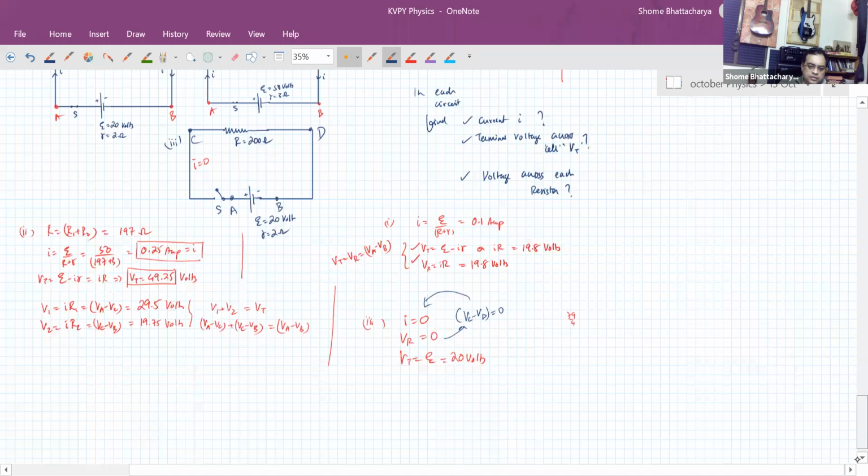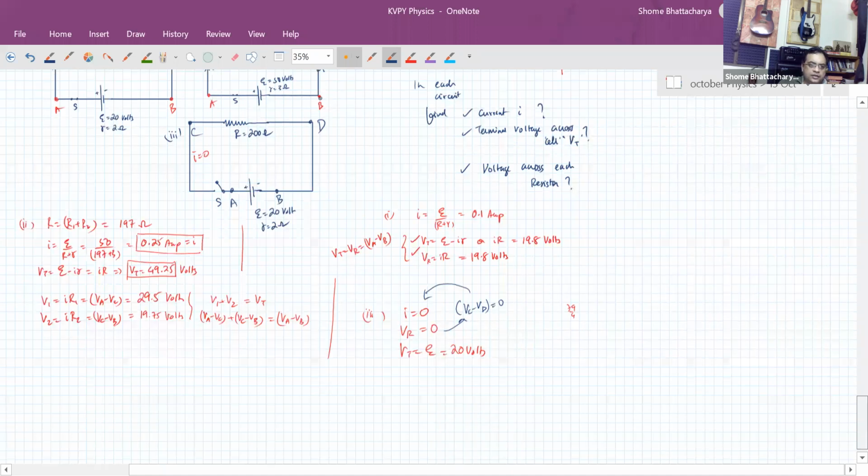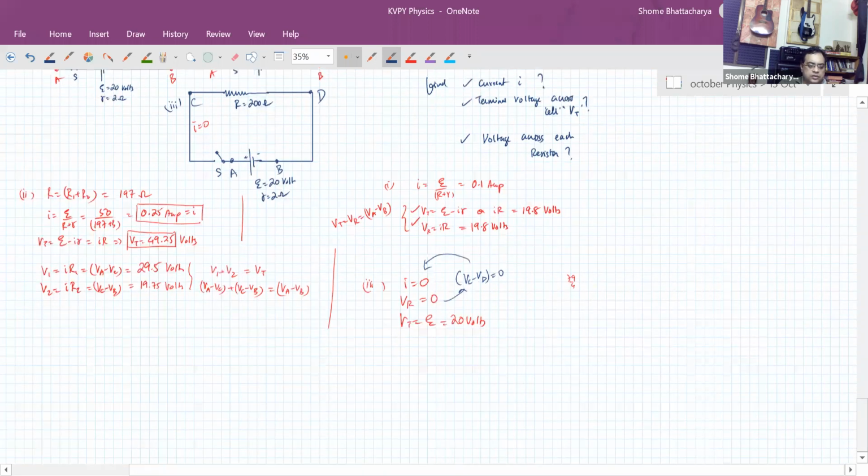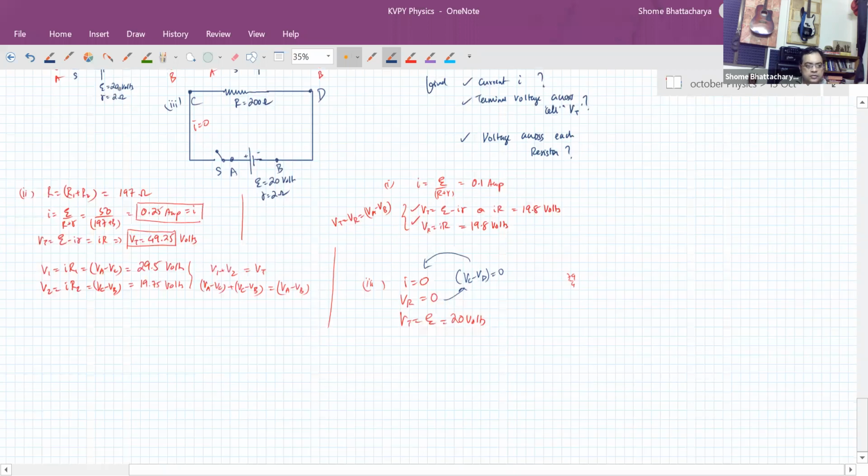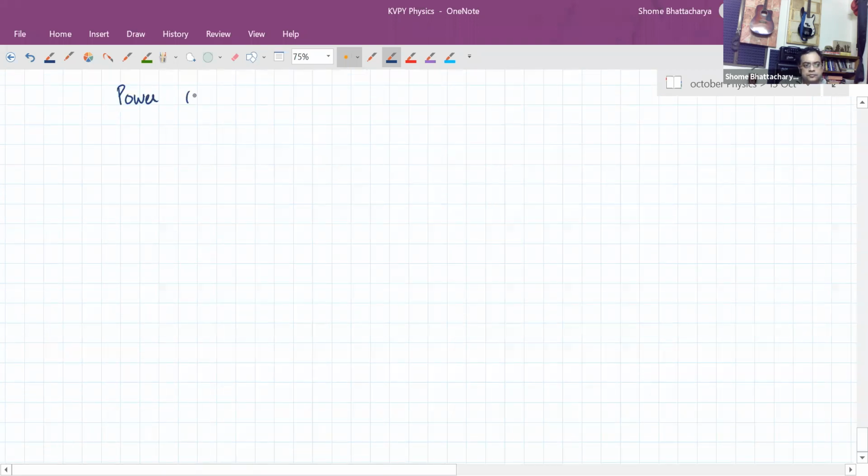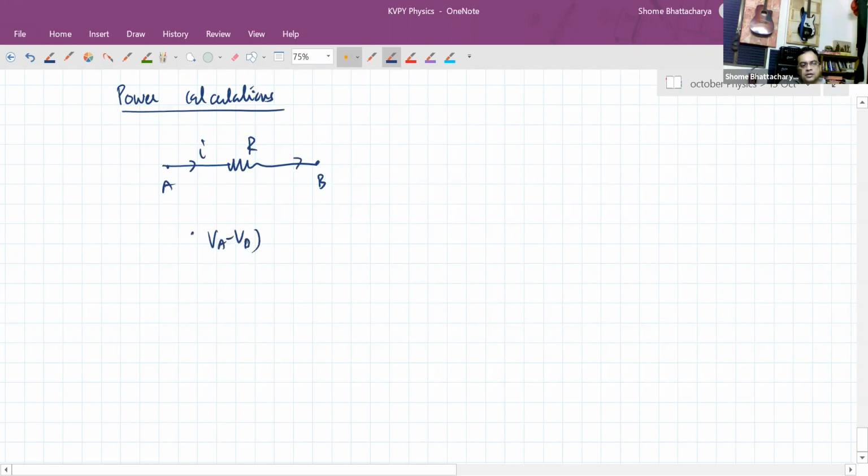Now next up, we will learn how to do some power calculations in a circuit. Okay, so if we have a current I going through a resistor, and the resistor is connected between these 2 points, we know that the potential difference between these 2 points is equal to IR.